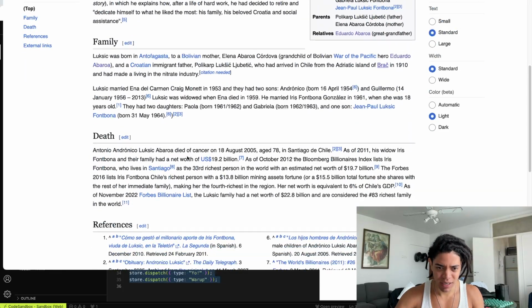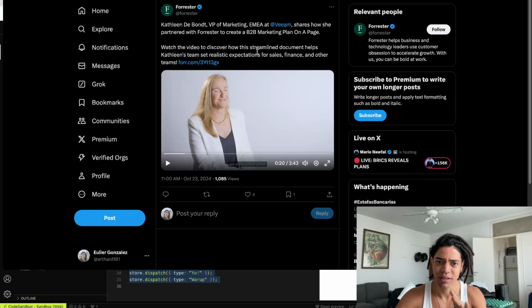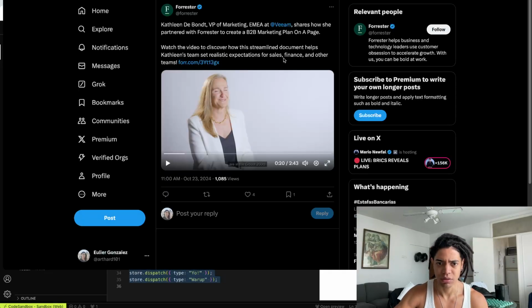Interesting that now companies, in this particular case, this is the Global 2000 by Forbes, which is the annual ranking of the top 2,000 public companies in the world, based on sales, profit, assets, and market value. Jesus. Okay.